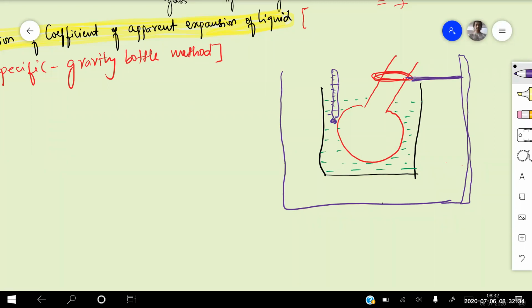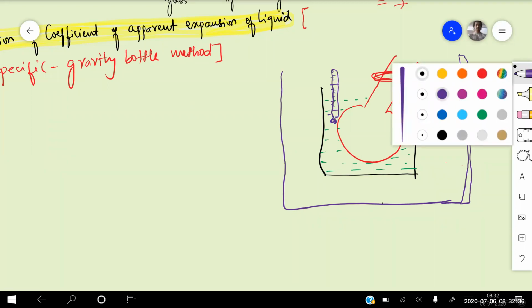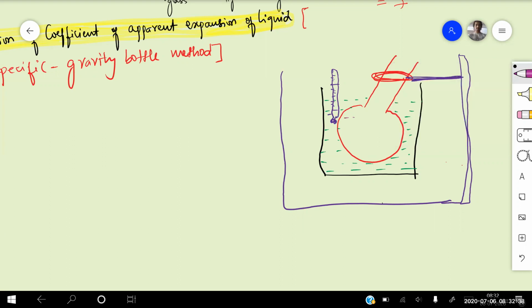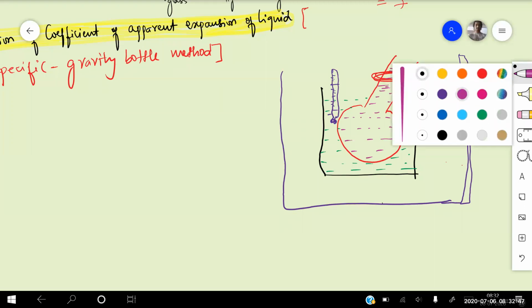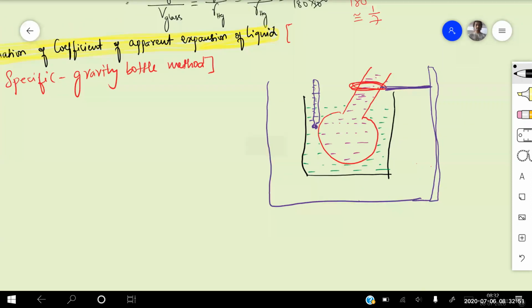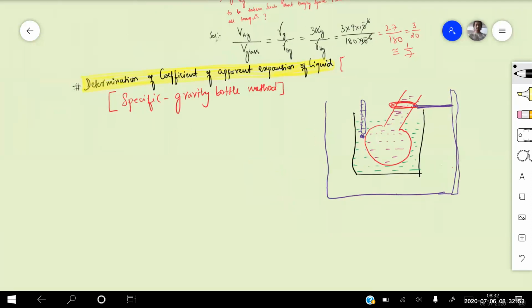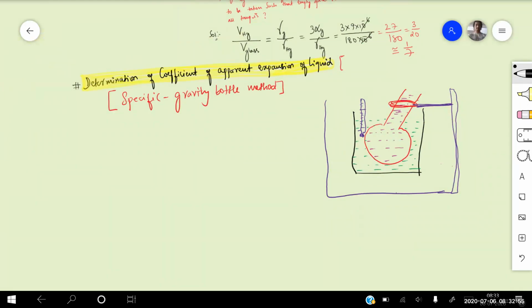So this is the given condition, and in this there is a certain amount of liquid filled. See the question again. The heading says determination of the coefficient of apparent expansion of liquid by the specific gravity bottle method. So let us give the first namings for this one.